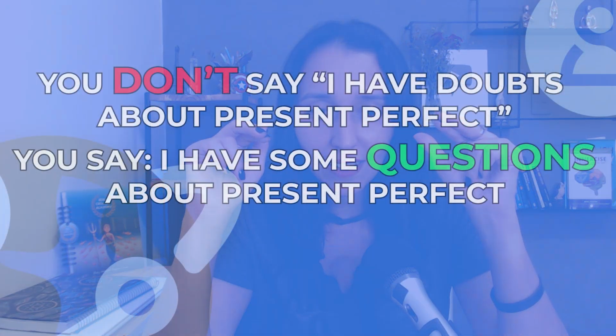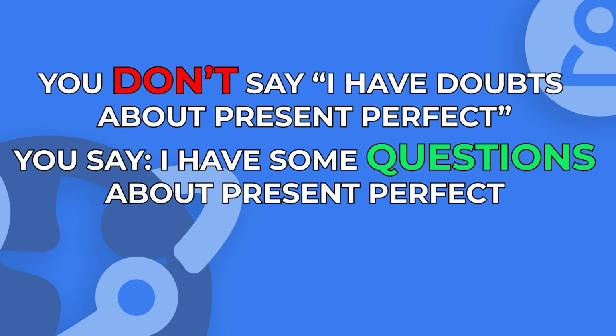You don't say, I have a doubt, I have some doubts. No, you say you have a question, okay? This is not how native speakers use doubt, all right? So if you want to better understand an English lesson or an explanation that someone has just given to you, you use question. You don't use doubt, okay?